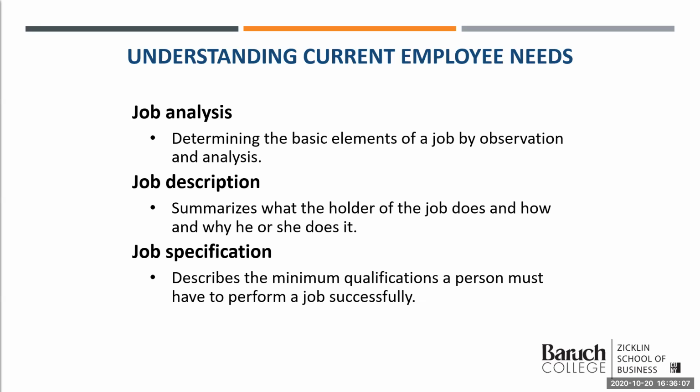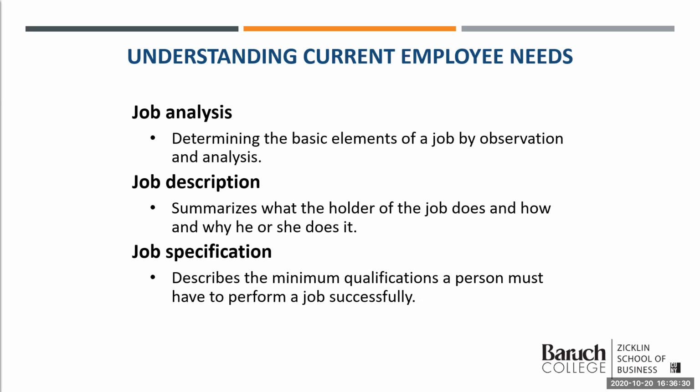So as part of your human resource strategy, one of the first things you need to do is understand your current employee needs. One of the things you're going to do is a job analysis, and that's literally like you're going to look at how people perform their jobs, right?